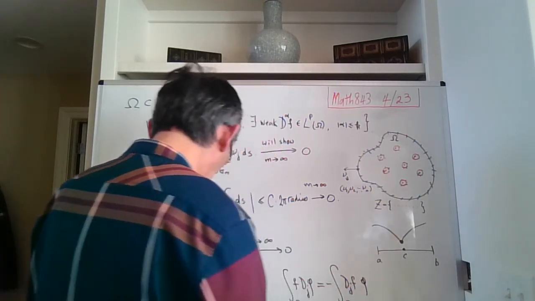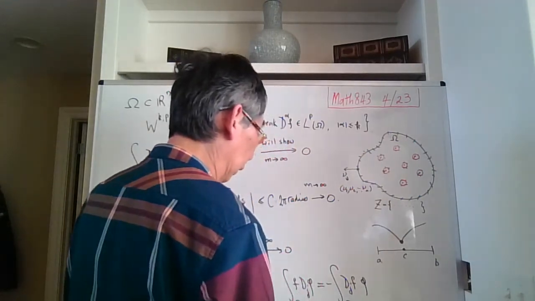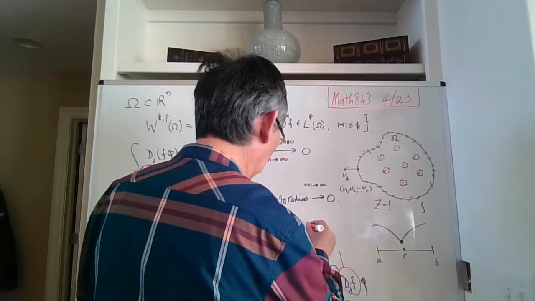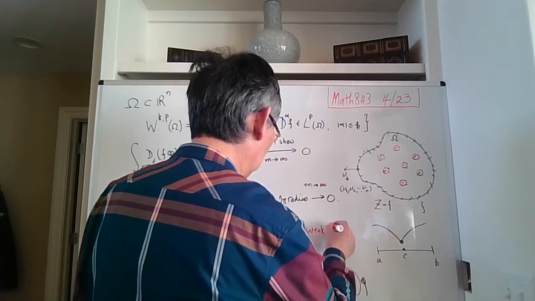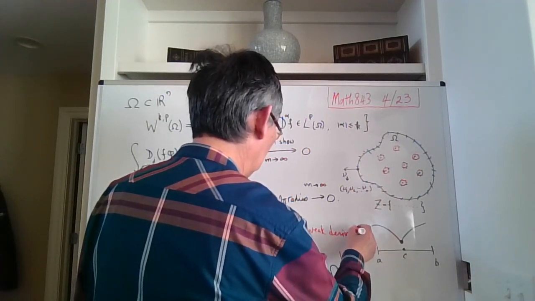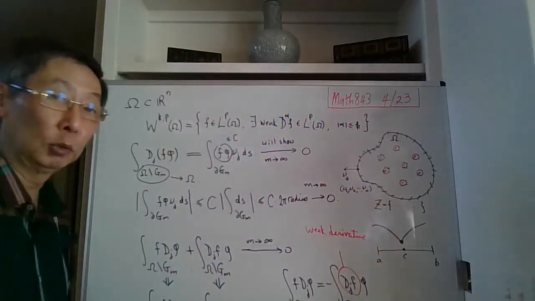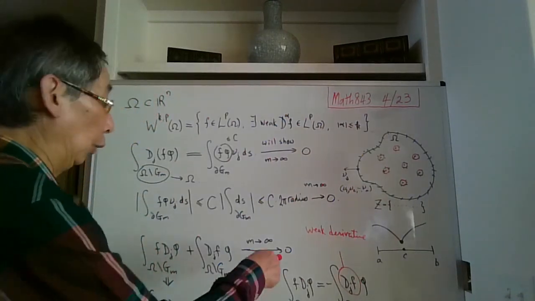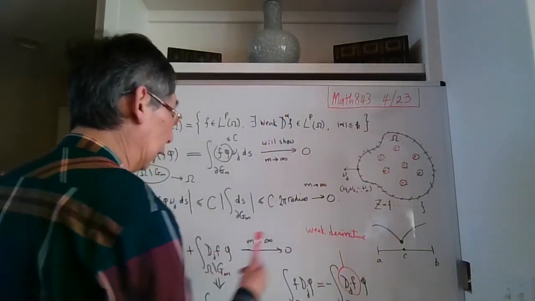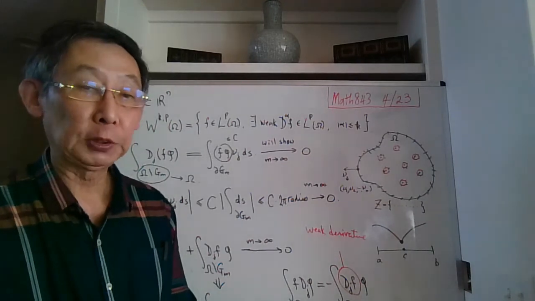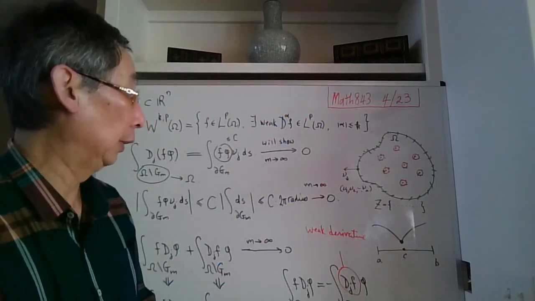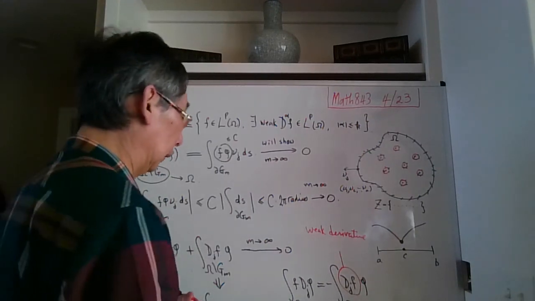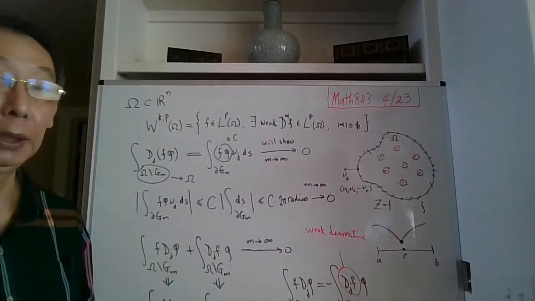So this simply means that in the definition of weak derivative, this L1 function is the weak derivative. That's how we prove this function f is weakly differentiable with the weak derivative dj f. No matter how many corners you have, as long as you have a finite number of corners in the domain, this proof all applies.